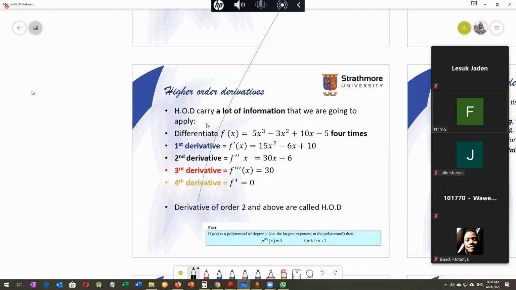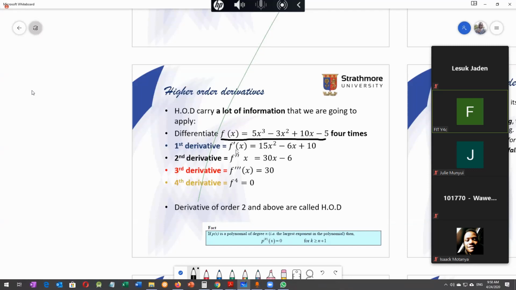So I first start by discussing high order derivatives. This is very easy. For example, take this function, and then I ask you to differentiate this function 4 times. The first time we will get 15x squared minus 6x plus 10. We already know how to get that one. That's called the first derivative.